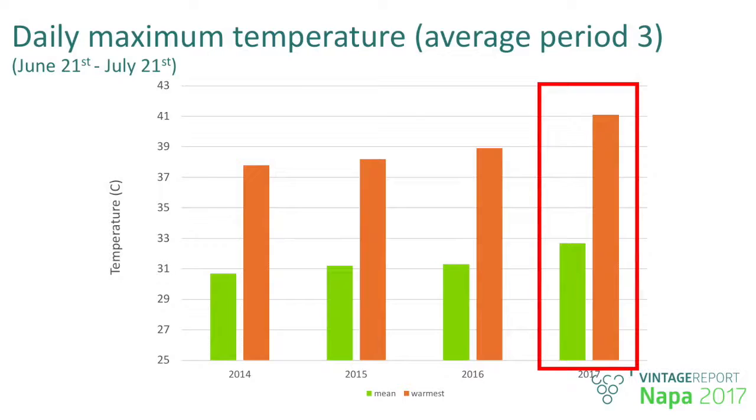If we look at daily, day after day, what's the maximum temperature over the period June 21st, July 21st, which is when we want to enhance moderate water deficit, so moderate is not severe, well, we are in conditions where we have severely limiting climatic parameters. You see with temperature on average in the warmest site above 41 degrees Celsius. So right at the border when green berry survival is about to fail. And that's in Napa.